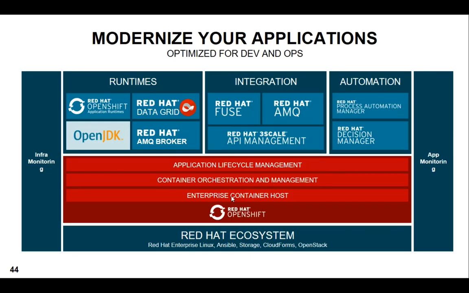AMQ Broker and Red Hat AMQ is something to be paid attention to. AMQ is the messaging queue which helps you to manage your application messaging so that you can create a streamlined interaction between different APIs, basically. Red Hat Fuse is nothing but your enterprise service bus. It helps to integrate different applications.